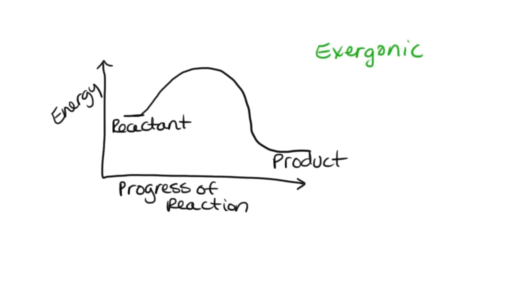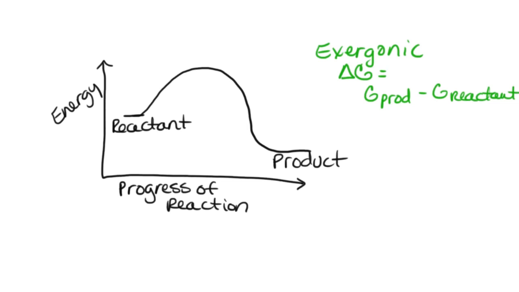And we know that it's exergonic because if we were to calculate the delta G, remember that the delta G is the amount of energy in the product minus the amount of energy in the reactant. And in this case, we can see that the product is going to have less energy than the reactant.